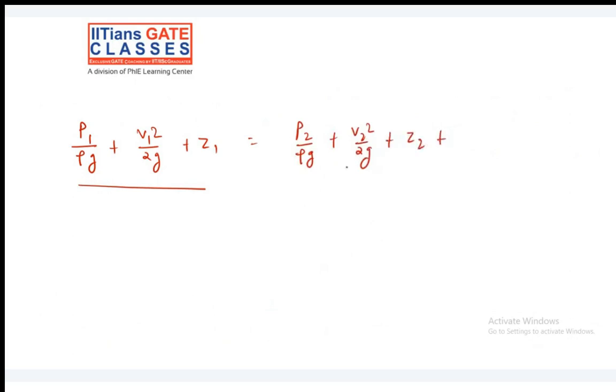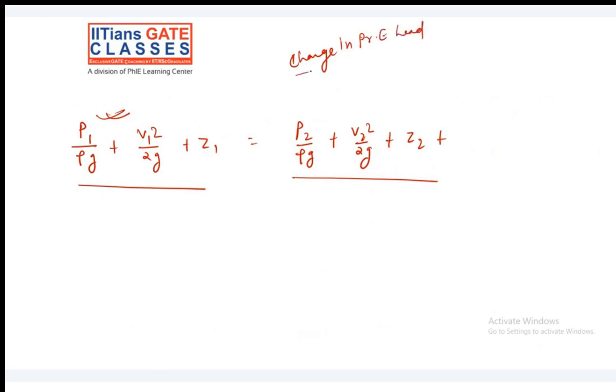And out of this, the work is also done, yes or no? From this part the work was extracted, that means this is equal to the sum of whatever was at the outlet plus whatever work was done. And how do we find the total change in pressure energy head?